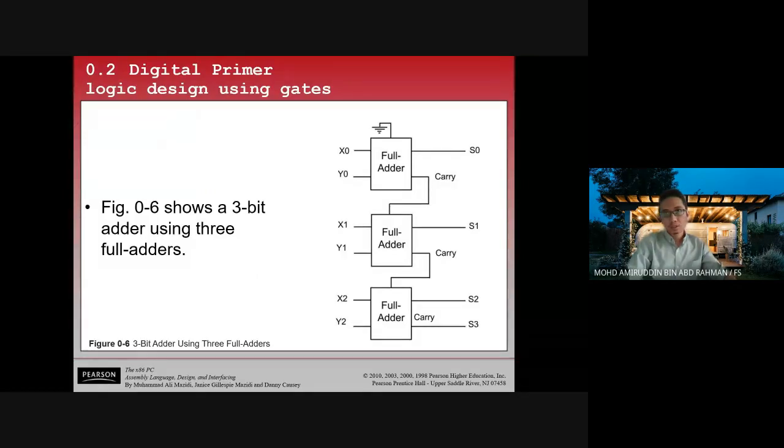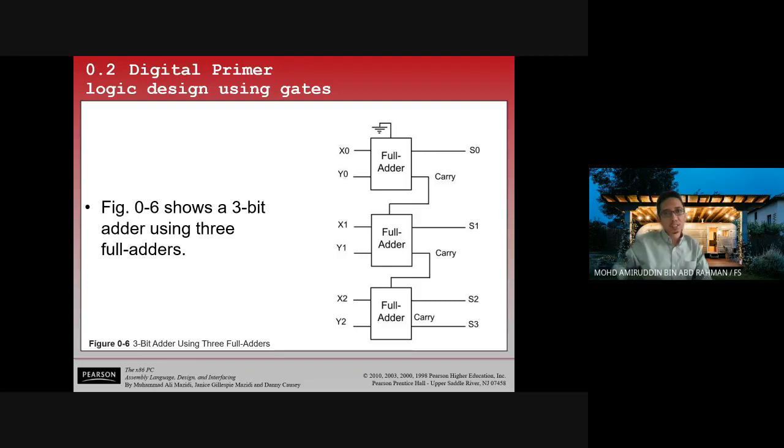Okay, this is the last slide for today. We can also have addition for more than 1 bit by adding full adders together. Let's say this is a 3-bit adder using 3 full adders.